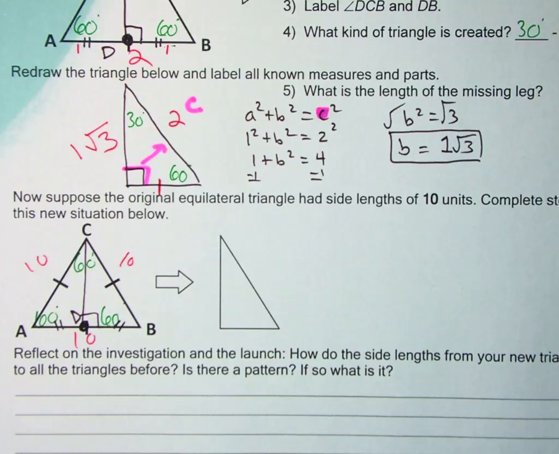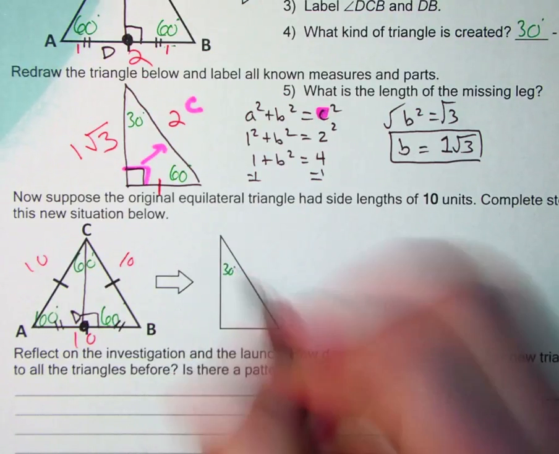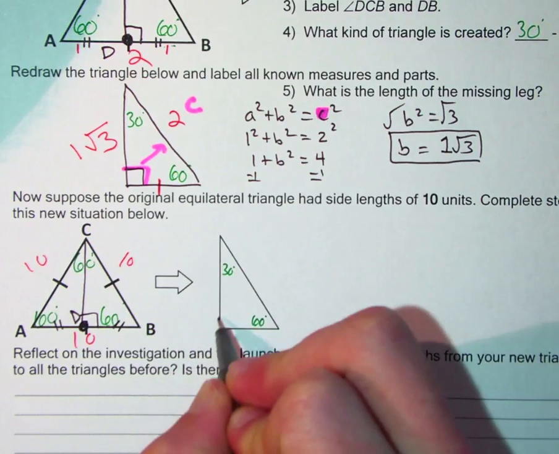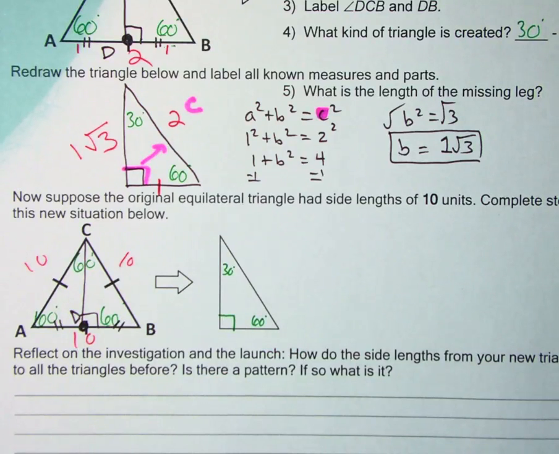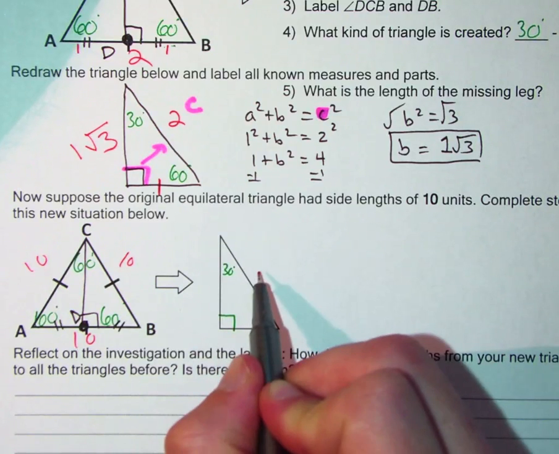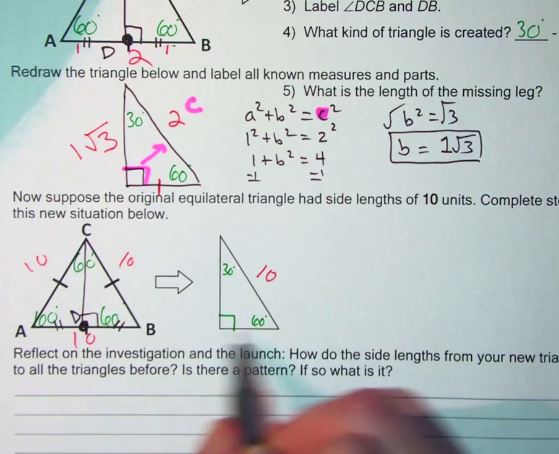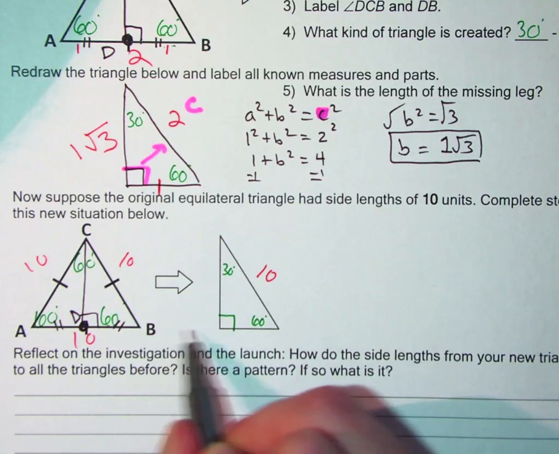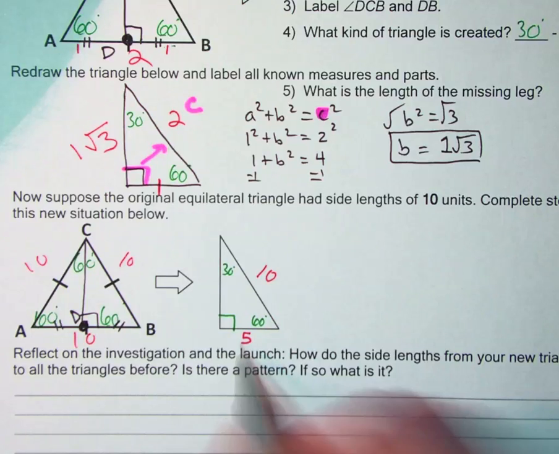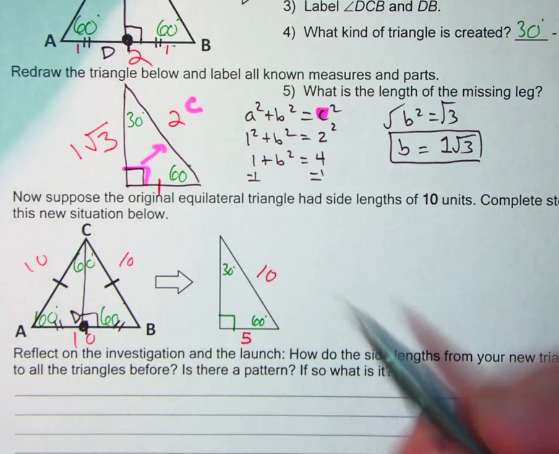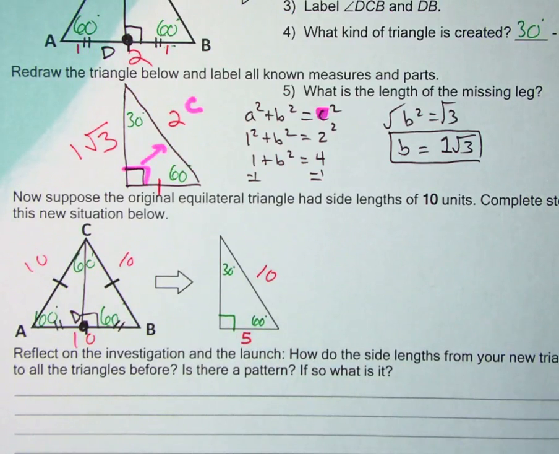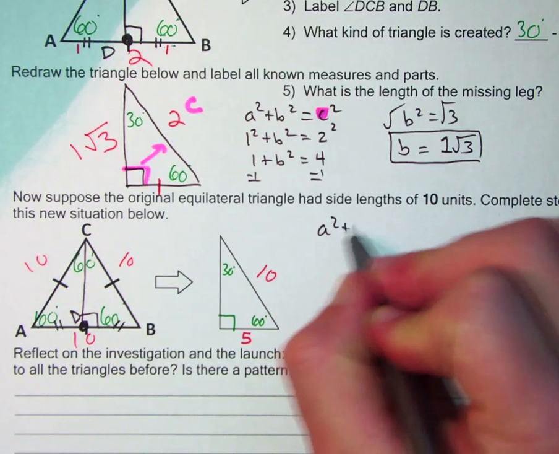So if we do that, we now have 30, 60, and 90. And this was 10. And while this whole thing here used to be 10, I lost half of it. So now this is just 5. Question is, what goes there? Go ahead, do the Pythagorean theorem.